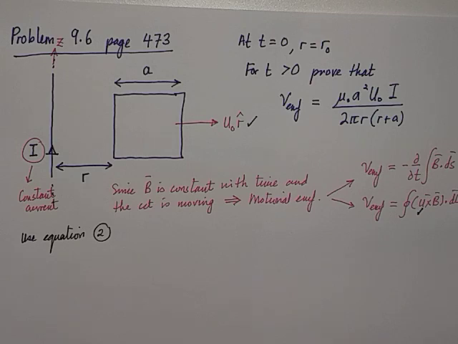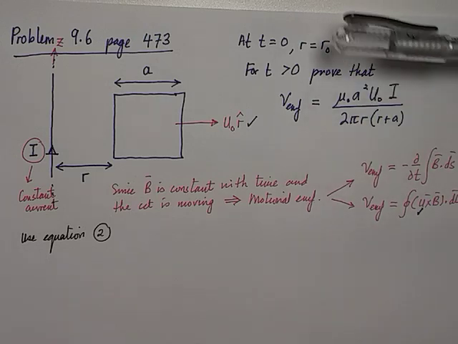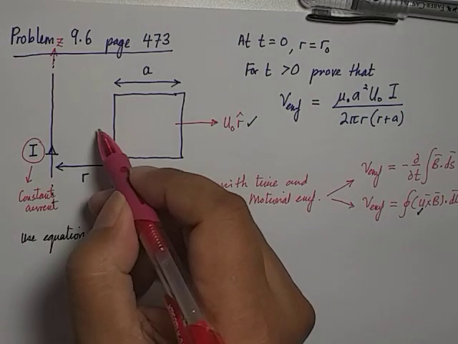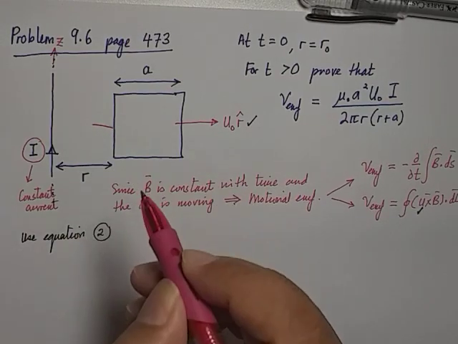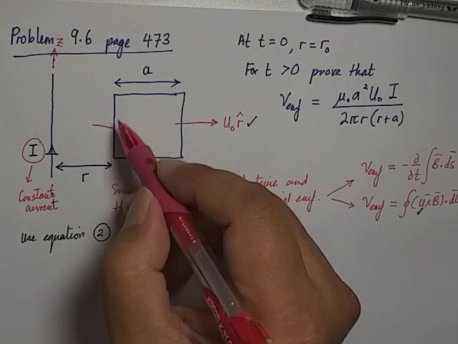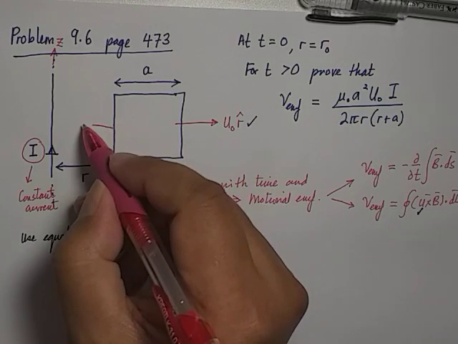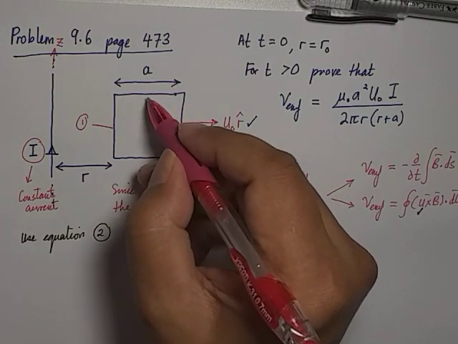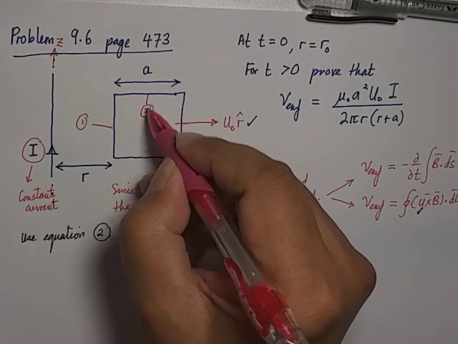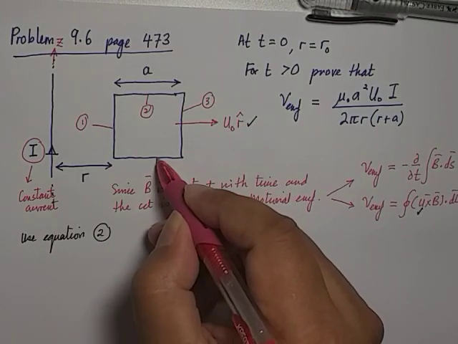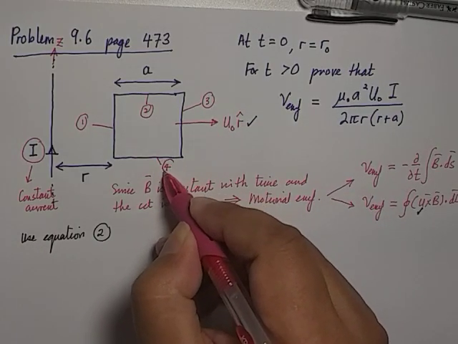So from that experience, I'm going to split the problem into simpler structures. I'm going to label this side of the loop side number 1, this side number 2, this number 3, and finally this number 4.